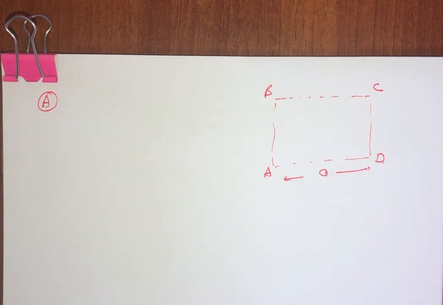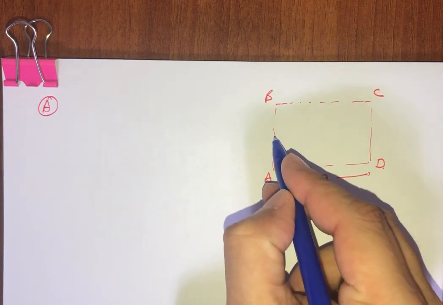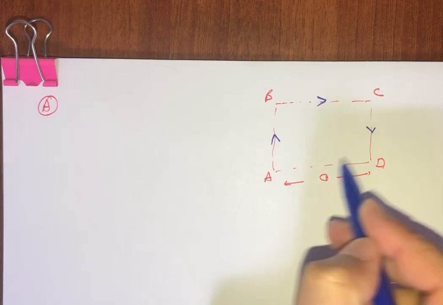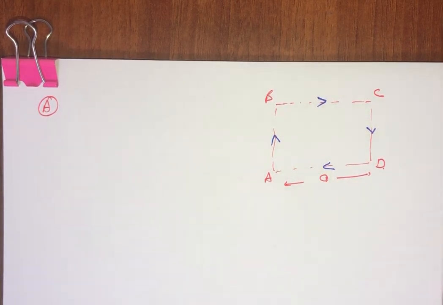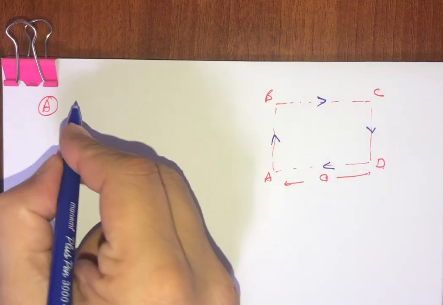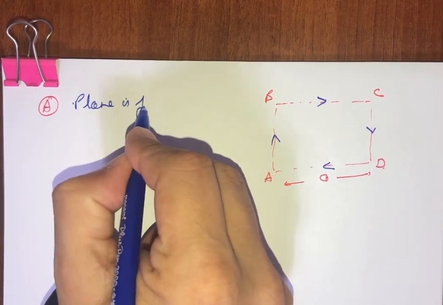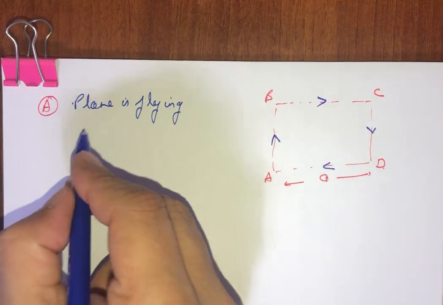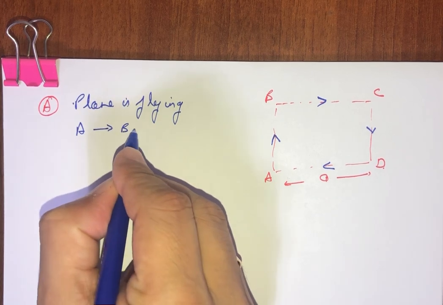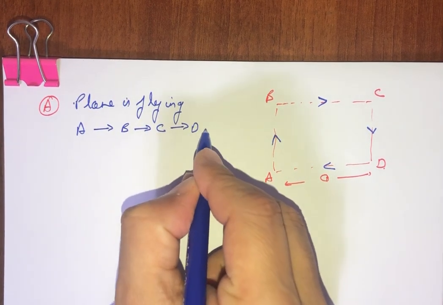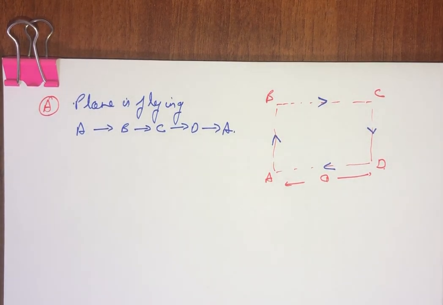So the plane will be starting from A. In this case the plane will be flying in this direction from A, to B, B to C, C to D and finally returning to point A. And its velocity is given by V. I think its relative velocity is given.